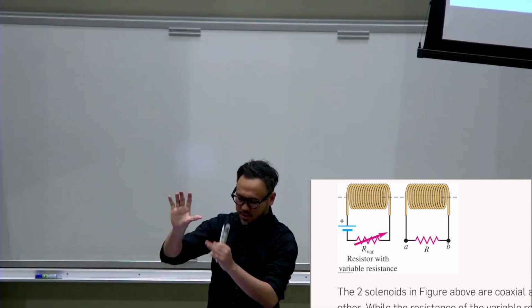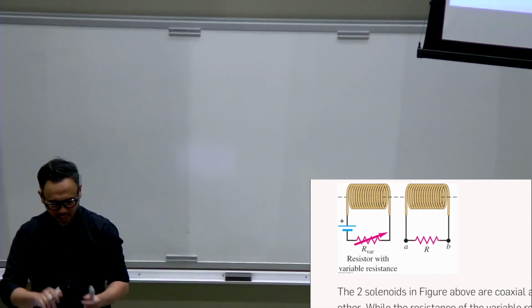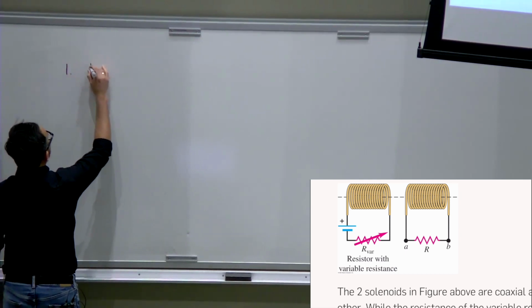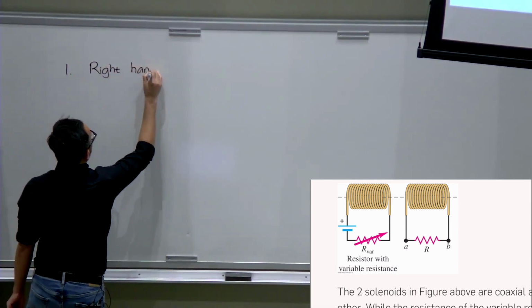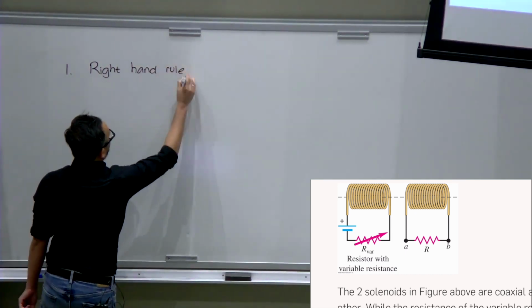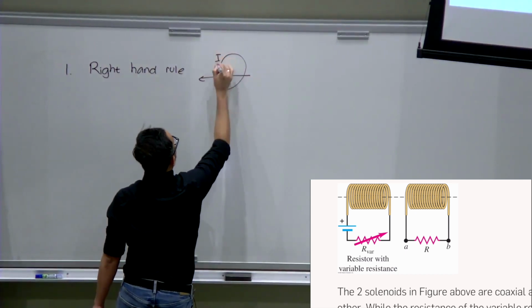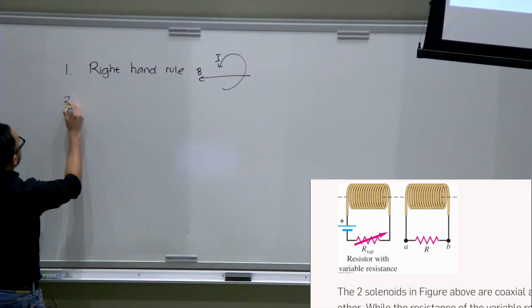And then the direction of the magnetic field or flux is the direction of your thumb. So first you need to know the right-hand rule. Something like this. And then you need to know flux.